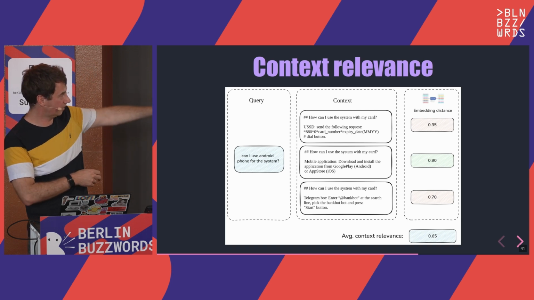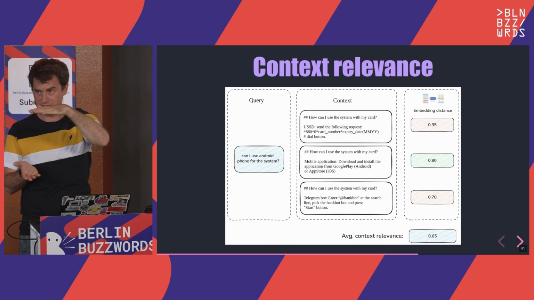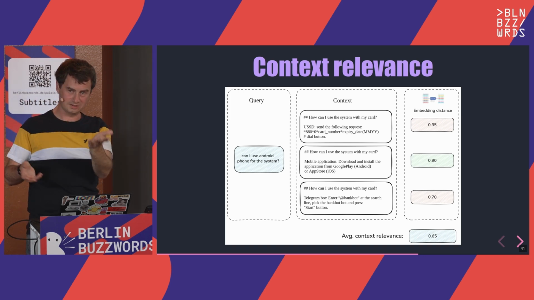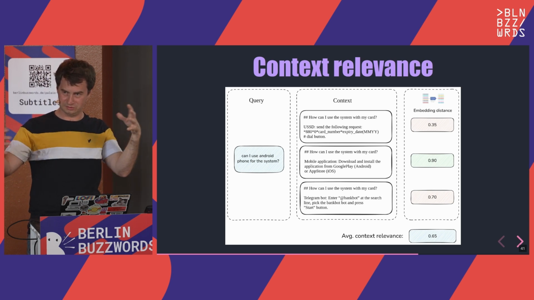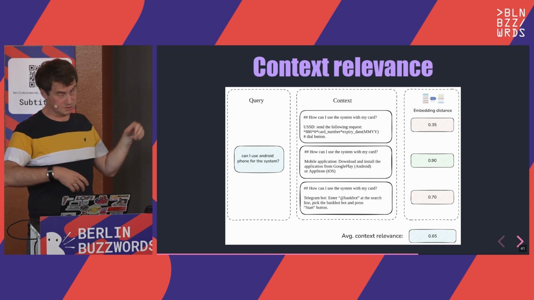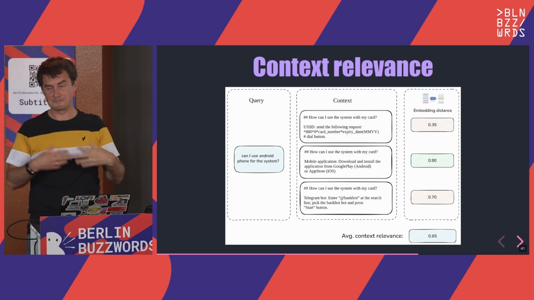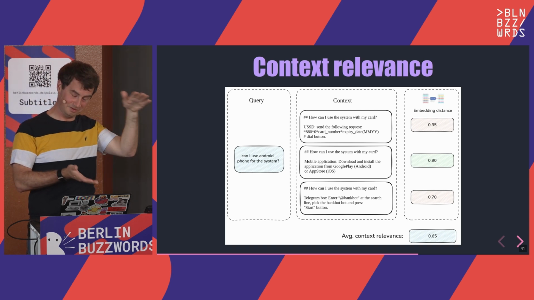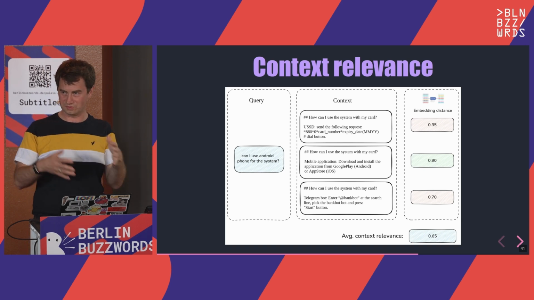So you can compute an average cosine distance across all the documents in a fixed length context. The idea is that the higher the cosine similarity, the more overall relevant documents are in the context. If you don't have any duplicates there, you need to be very careful, because if it's the same document copied 10 times, it's going to be a very high cosine score, very nice, but not much value for the downstream task.